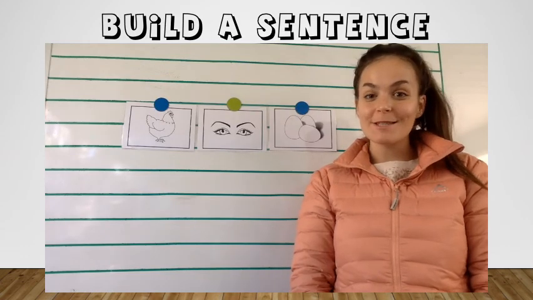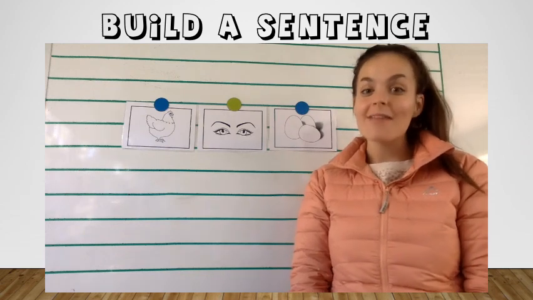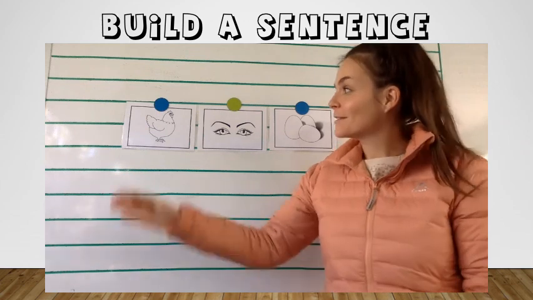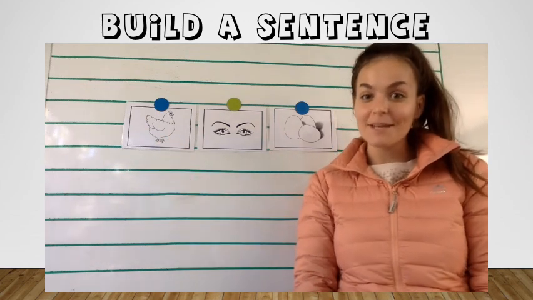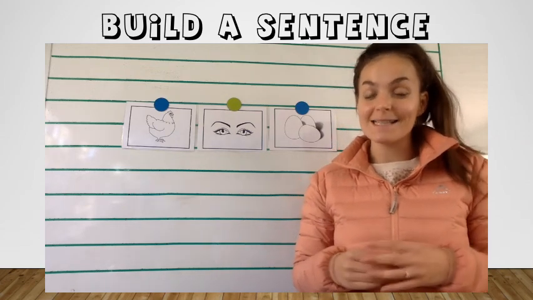We have spent lots of time looking at the words, and we have done activities that matched the picture to the word or the word to the picture. So I'm going to use pictures that we have seen, pictures which words we know, to try and build a sentence.